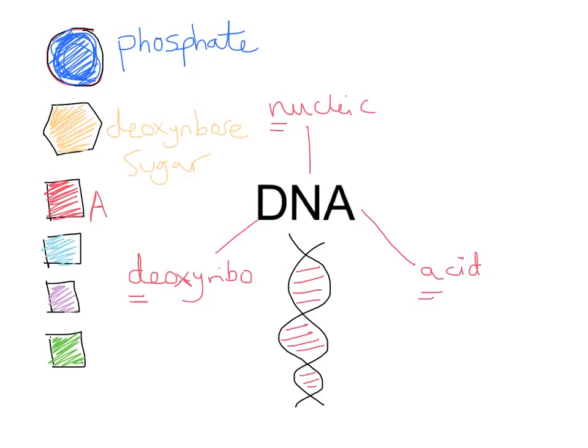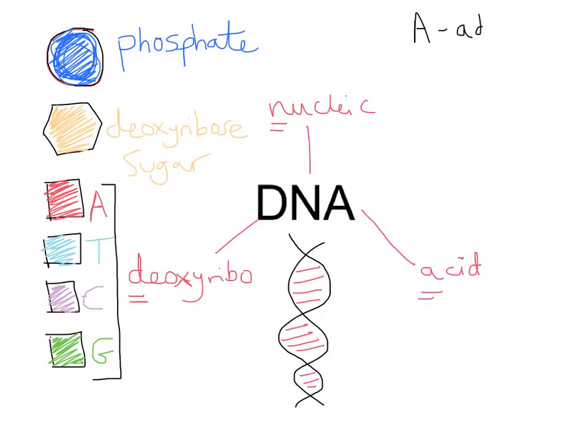In blue we have T for thymine. In purple we have C for cytosine, and in green we have G for guanine, because a lot of people, when we think about DNA, are familiar with the letters A, T, C and G, but aren't really sure what these four letters actually represent. So we'll put these up at the top here.